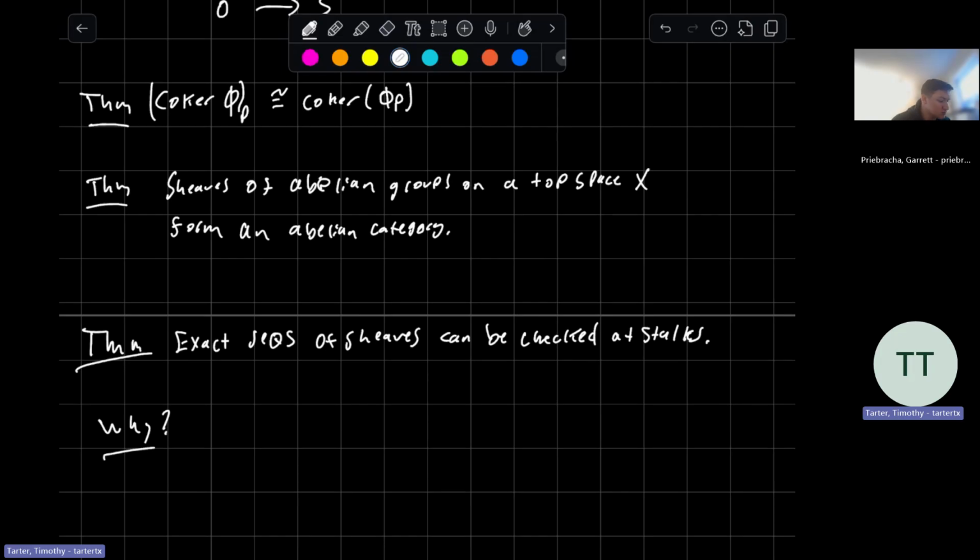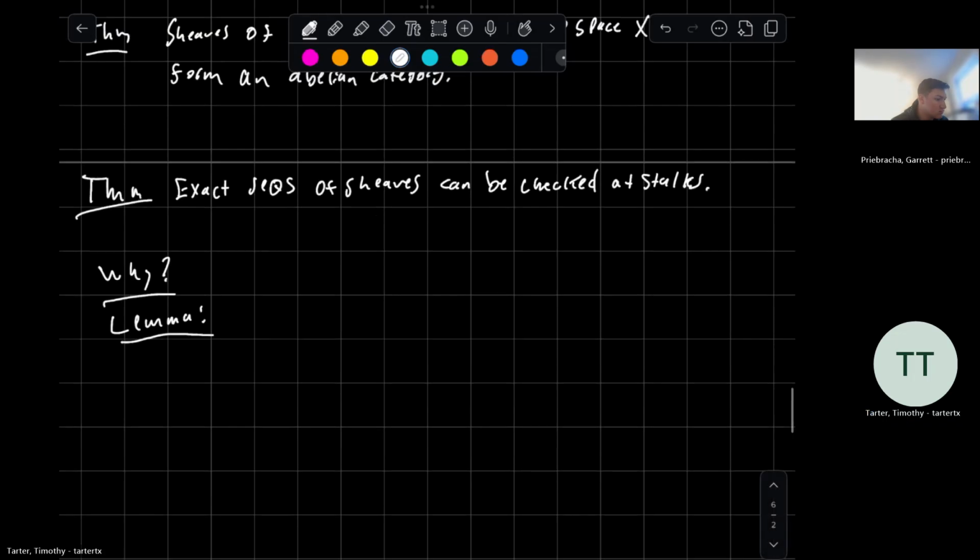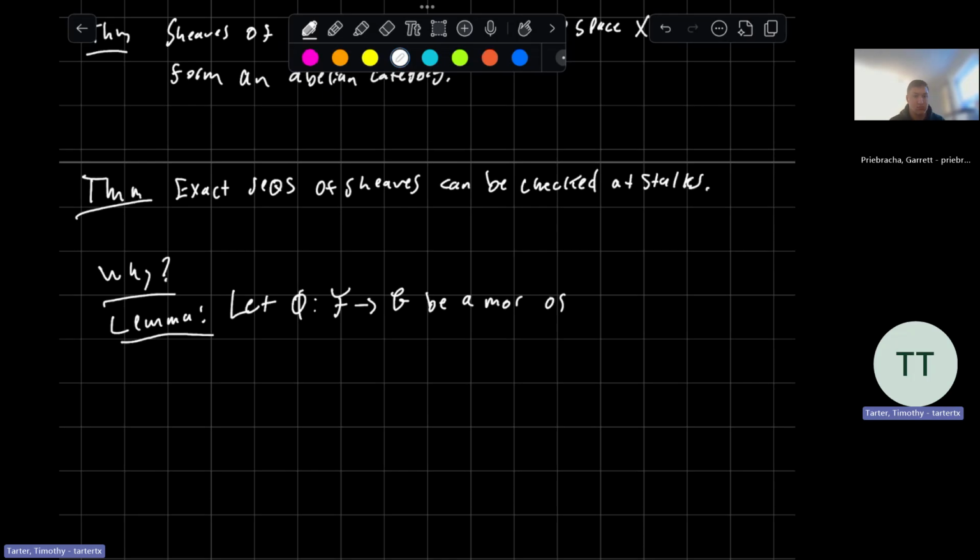And lemma: let phi from F to G be a morphism of sheaves of abelian groups.